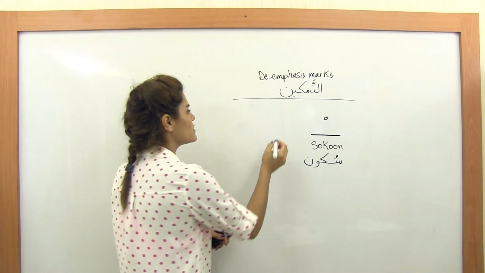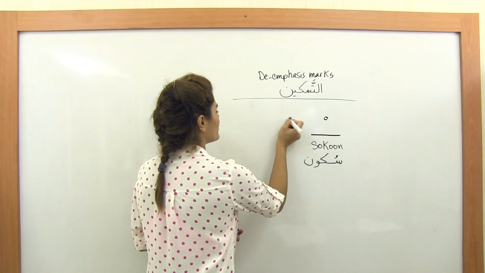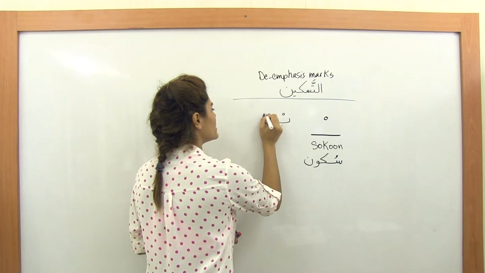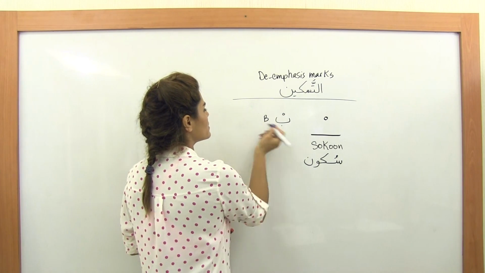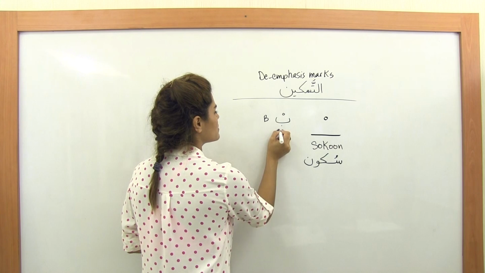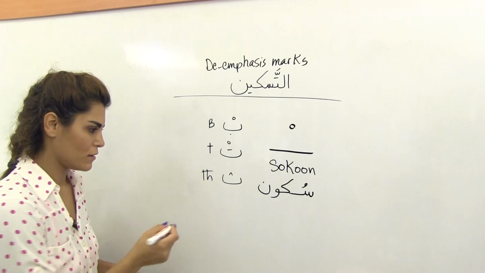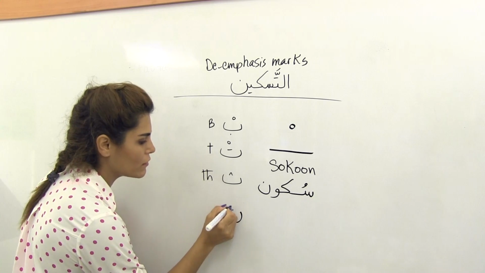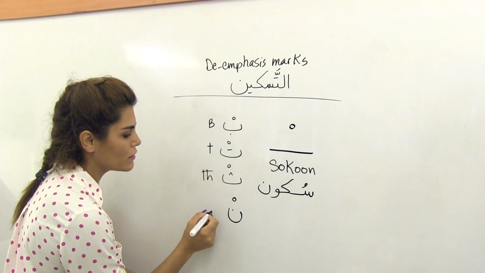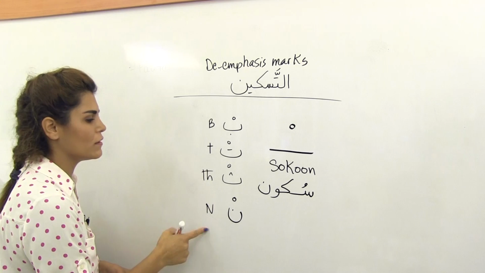So if you say ba, then it becomes b. Basically just like b. T. Th. And noon, n. Ya.